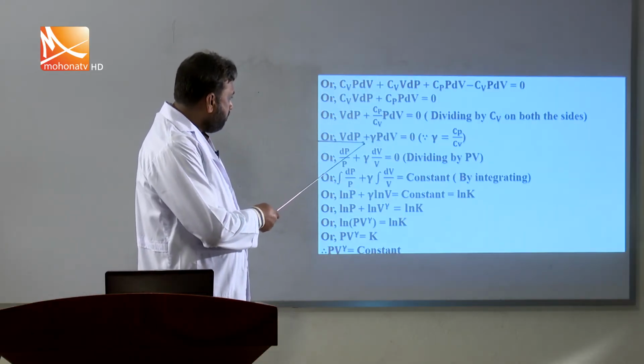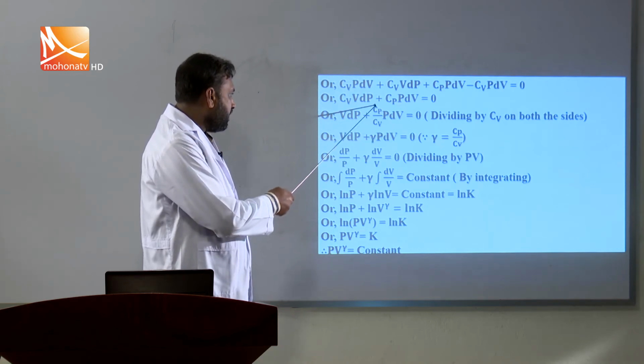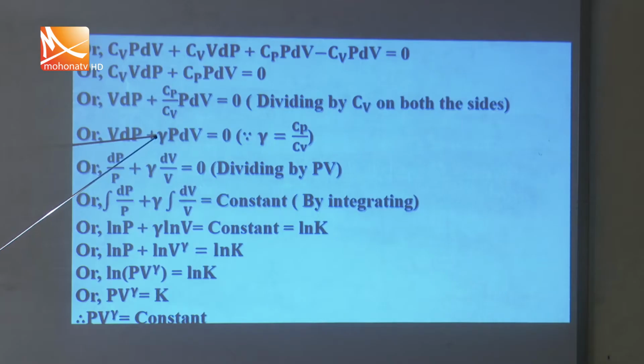Or VdP plus γ, since you know Cp/Cv equals γ, so you can write γ into PdV equals 0. Or dP/P plus γ dV/V equals 0, dividing both sides by PV.